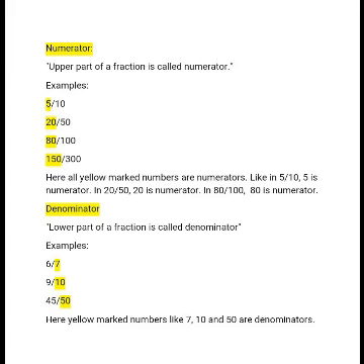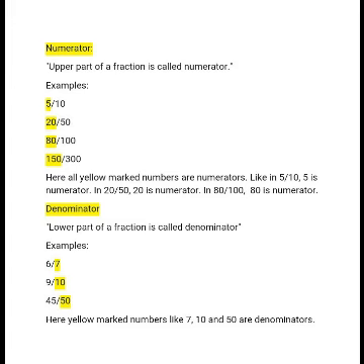But 3, which is the upper part of this fraction, is the numerator. The upper part is always known as the numerator. The lower part of any fraction is always known as the denominator. So these are two basic terms of a fraction: numerator and denominator.